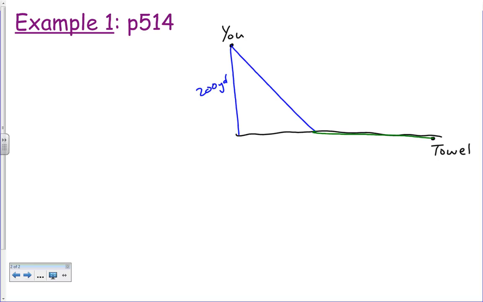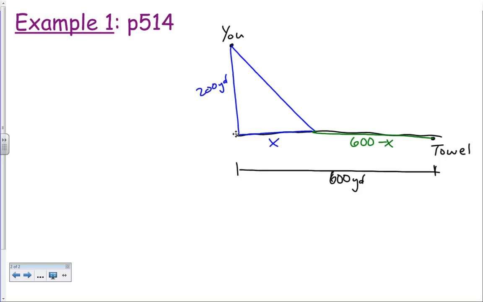So this horizontal distance right here is what they're calling x. For part A, let's suppose the distance from where you are to where your towel is, horizontally, is 600 yards. Then the distance that you're going to walk must be 600 minus x, because the sum of those two has to give you 600.